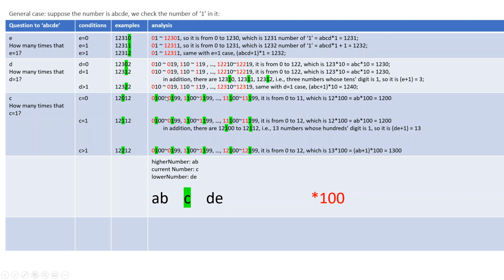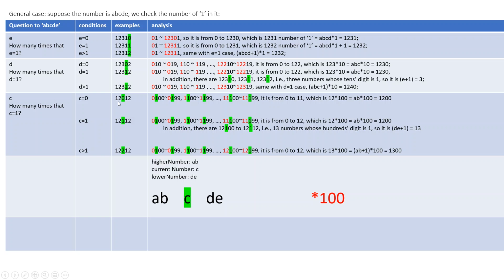It's actually 100 because we are looking at the hundred digit equal to 1. So the subset will be from 100 to 199, right? So 1 appears here. And the second group will be like 1100 to 1199. This is the second subset.